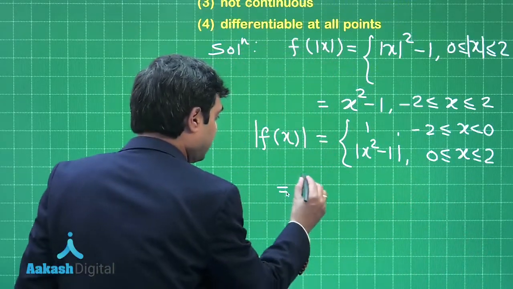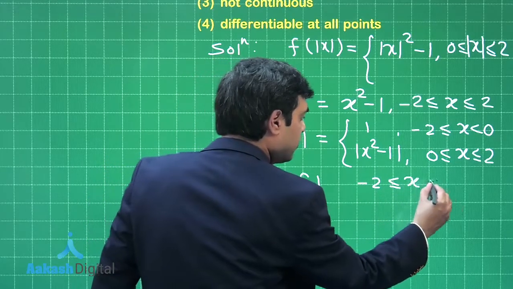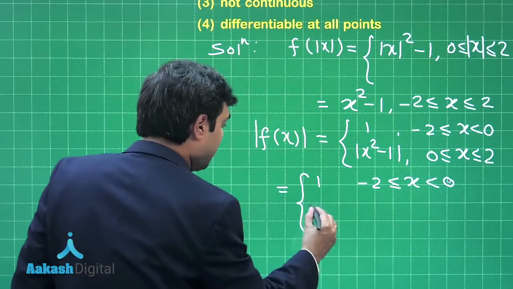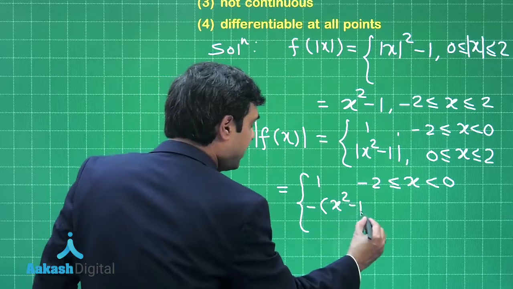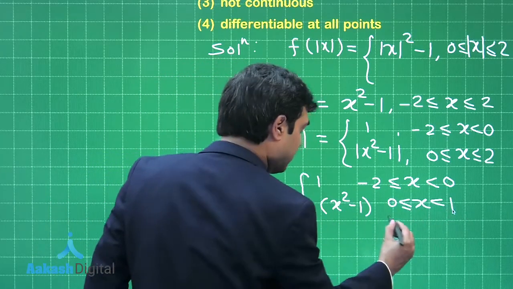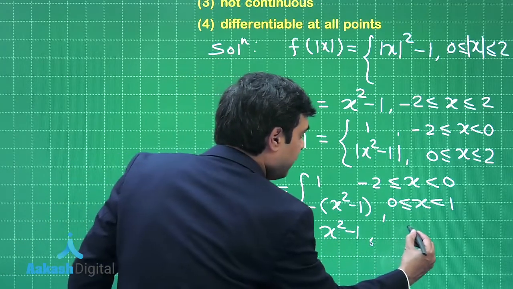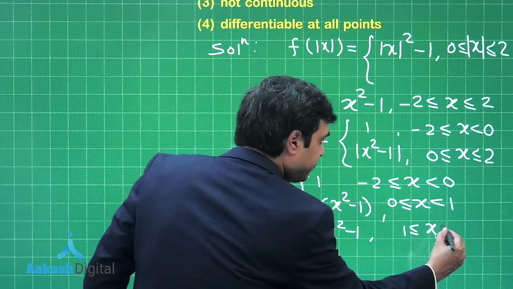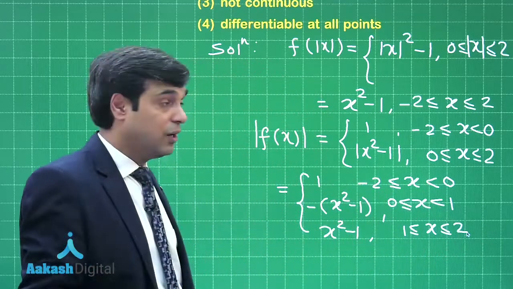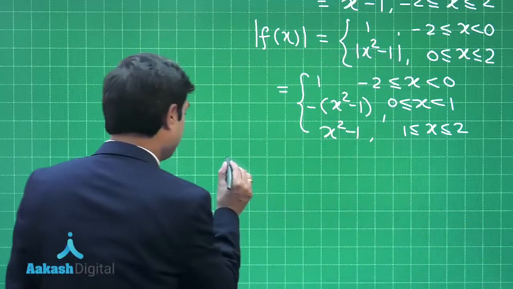This is equal to 1 when -2 to 0, then minus of x square -1 when 0 to 1, and finally x square -1 when 1 to 2, right?